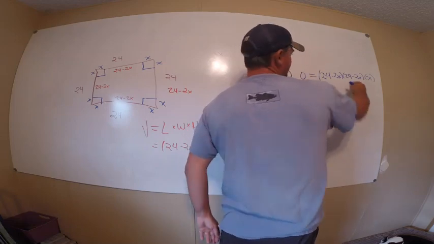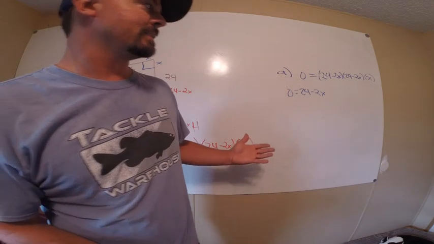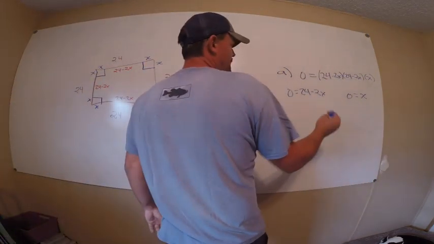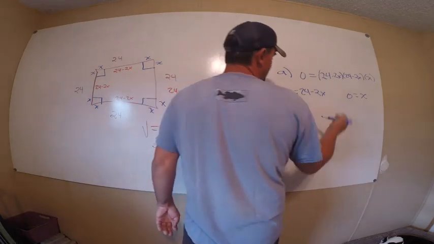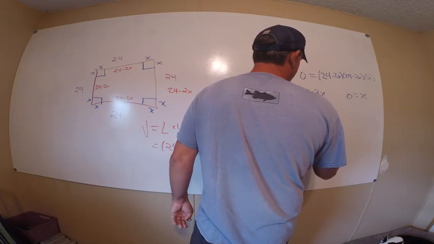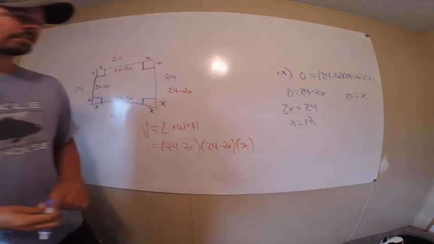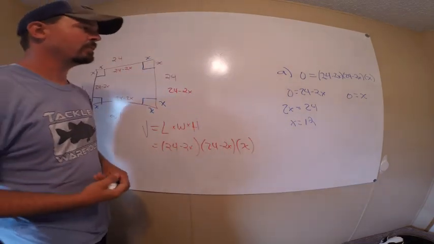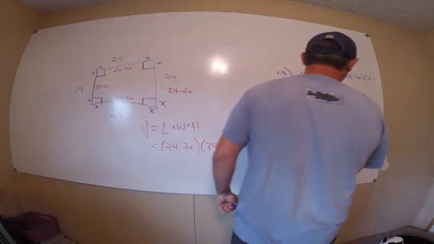I'm only going to write that one time, even though there's two of them, because if I solve it, it's going to give me the same thing. And then 0 equals x, right? So we already have one answer. That was pretty straightforward. If I solve for this one, I get 2x equals 24. So x equals 12. So if x equals 12, right, I'm going to have a volume of 0. Or if x equals 0, I'm going to have a volume of 0.